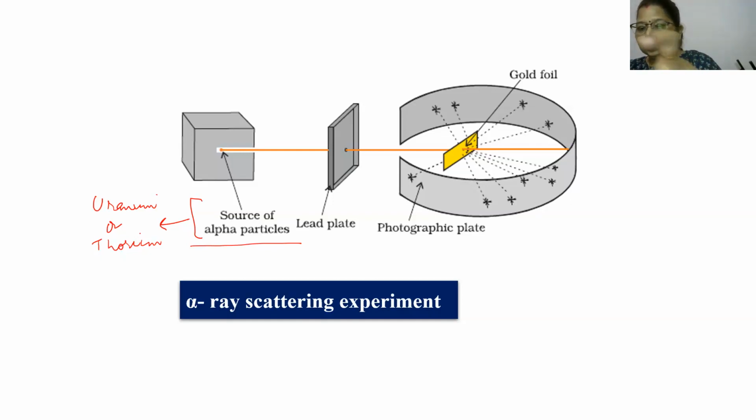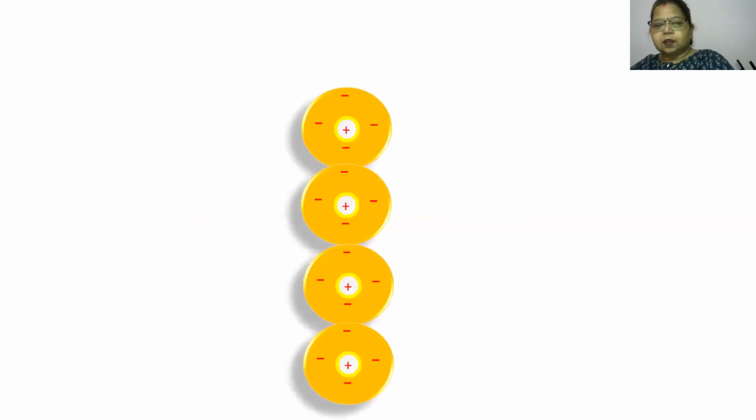And the role of the photographic plate is that as the alpha particle passes through, it may be deflected in any direction, and that is photographed on the photographic plate. You people have lived in the era of cameras inbuilt in your mobiles, but just visit a photography shop. There you can see the photographic plate and the negatives of your photographs, right?